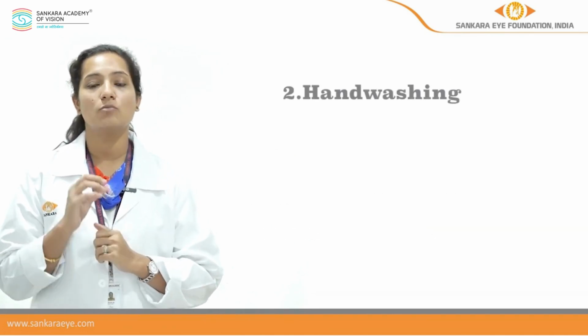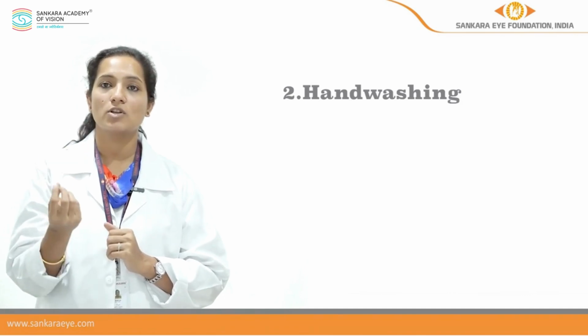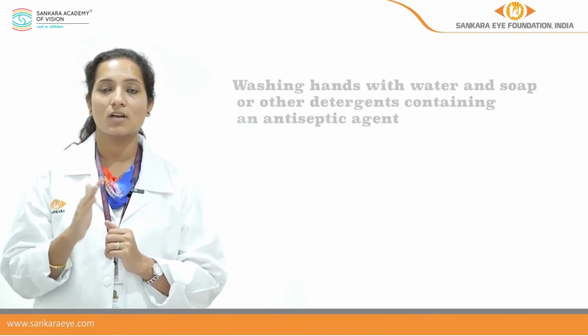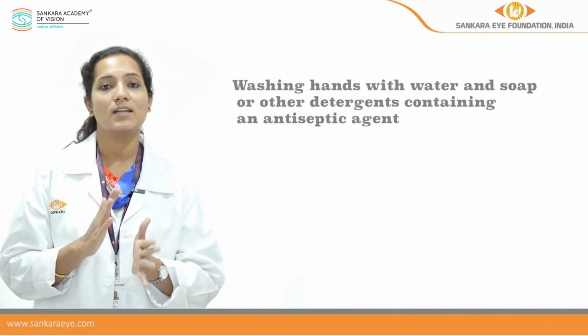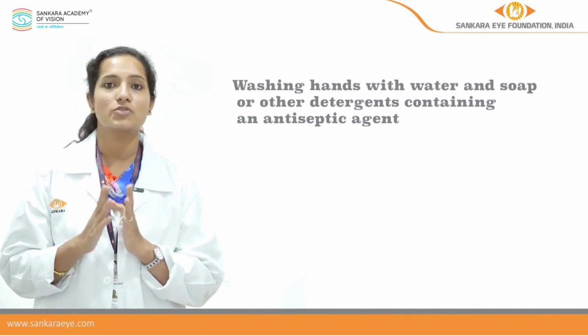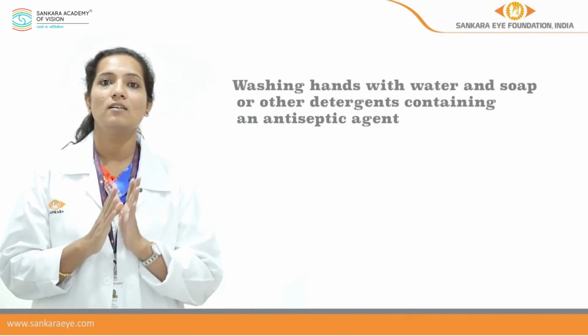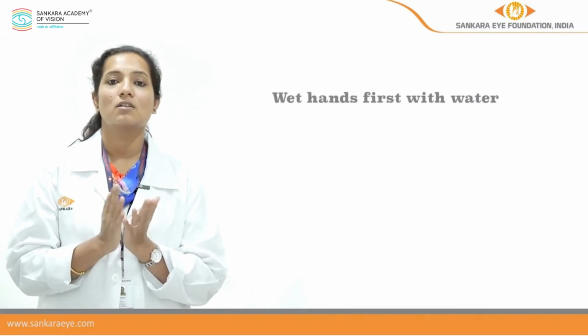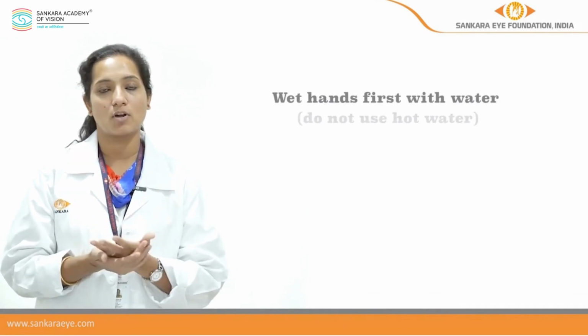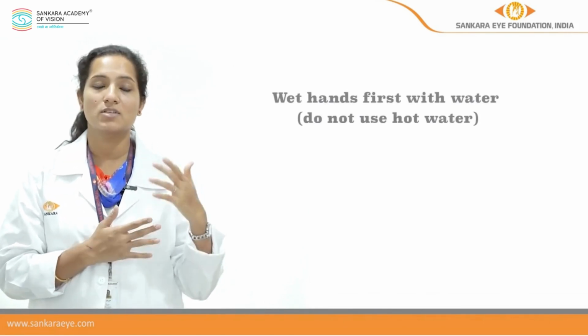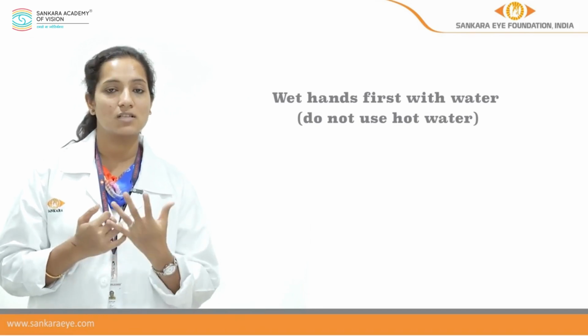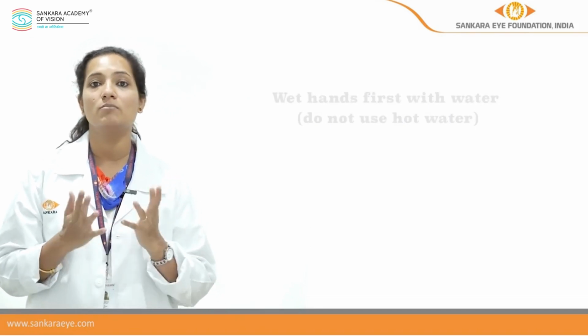Second is hand washing. So what is hand washing? When we use water and soap and other antiseptic containing detergents to clean hands, it is hand washing. So first we wet our hands with water. Remember, do not use really hot water. It can cause dermatitis, irritation or even burns.